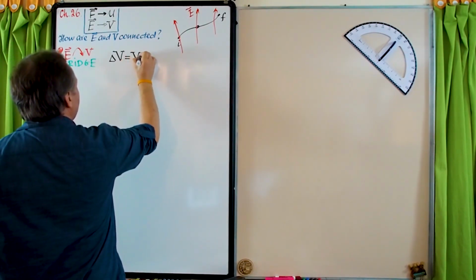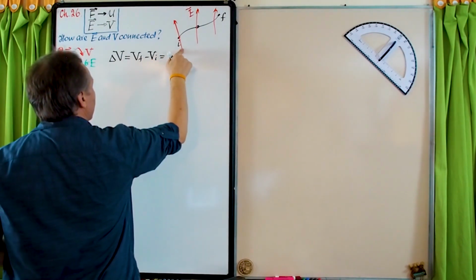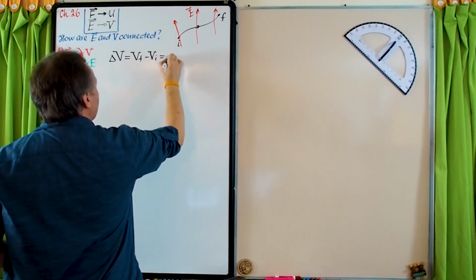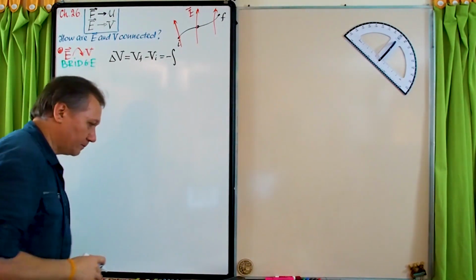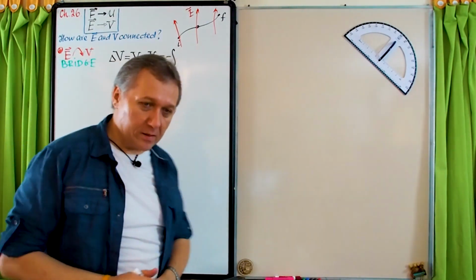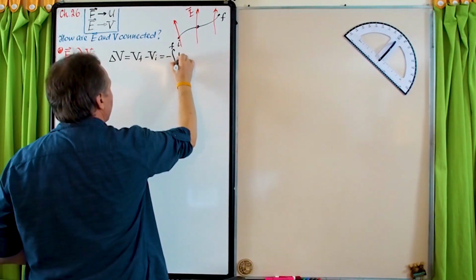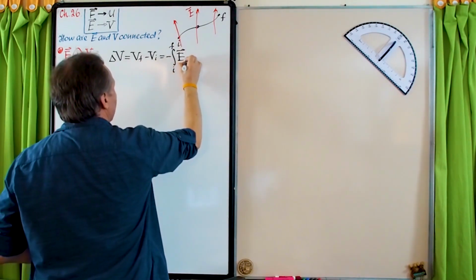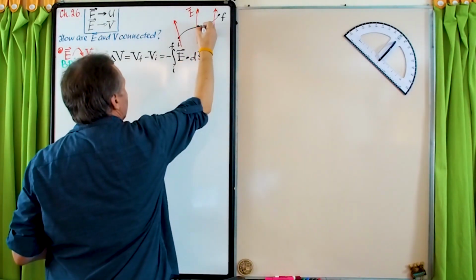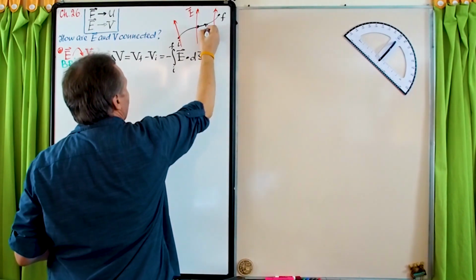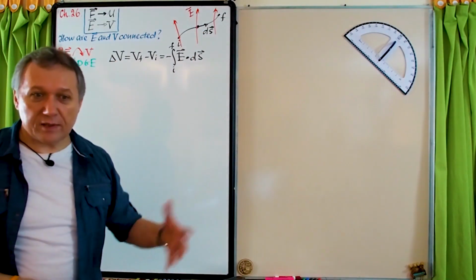So it's V final minus V initial equals negative integral from the initial point to the final point of E dot ds. ds is an infinitesimally small displacement in the direction of motion, right? Okay, so that's the general formula.